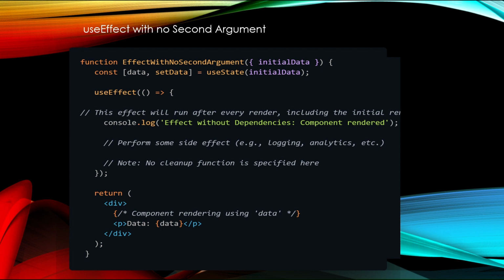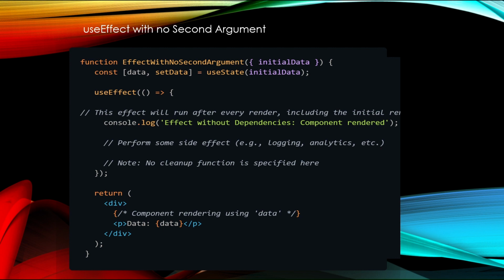Now we need to be very careful with this, because if you don't do this properly, let's say you have a scenario where you want a callback function to execute every single time the component is rendered, you might end up with a situation whereby you have infinite rendering or an infinite loop. Now, this is something that needs to be avoided.